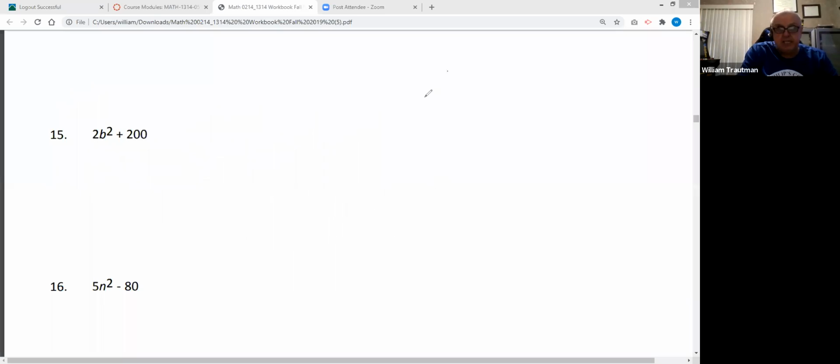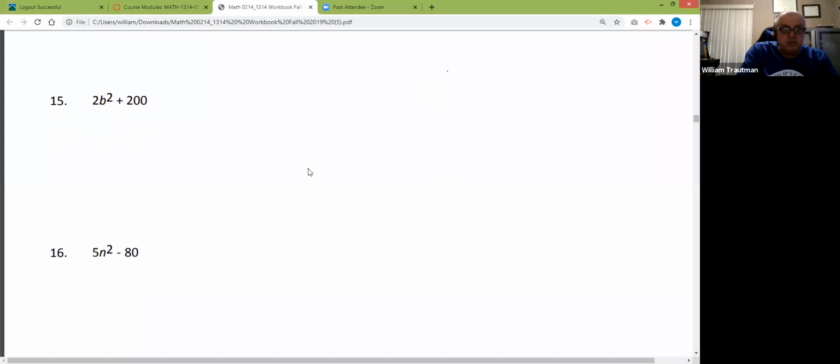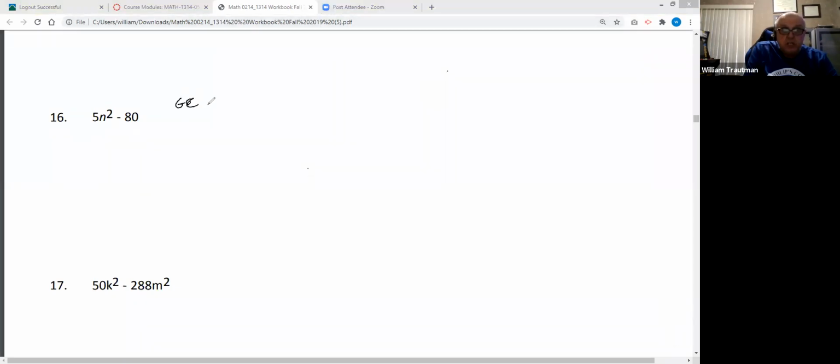Number 16. If you look at number 16, a 5 factors out. GCF. So that's the, I'm always looking for a GCF first. And it's 5. A 5 factors out. If I divide both by 5, I get 1n squared minus 16. 80 divided by 5 is 16.